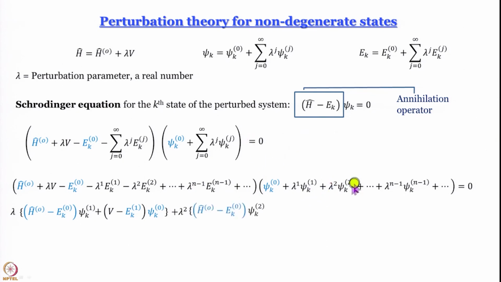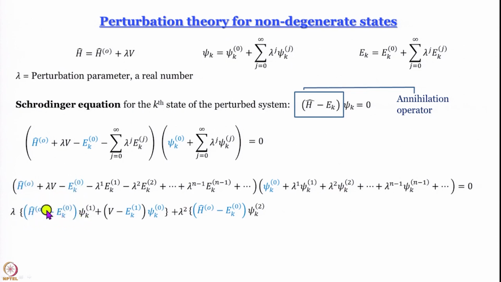As usual, we are going to write the highest order correction in wave function first. So, here I have a lambda square. Lambda square goes out, this psi k second, to get lambda square out of the bracket has to be operated upon by the unperturbed Hamiltonian minus the unperturbed energy.